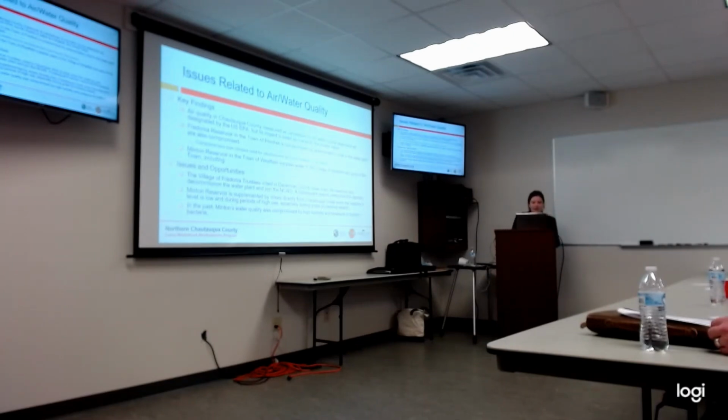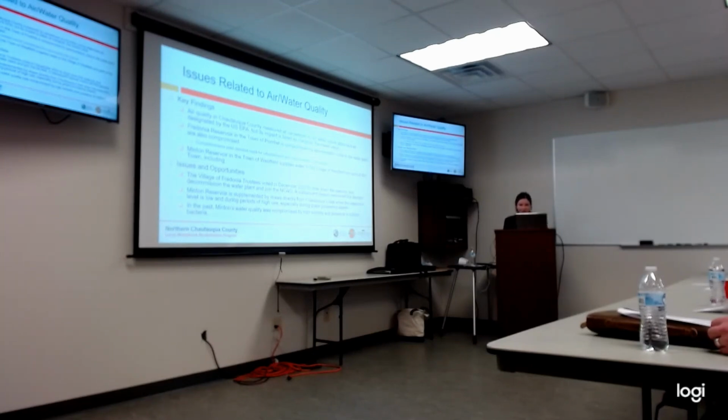They also looked at air and water quality and issues related to that. Air quality in Chautauqua County is measured in Jamestown, and it is listed as being marginal, which is the lowest value. The values run from marginal to extreme.